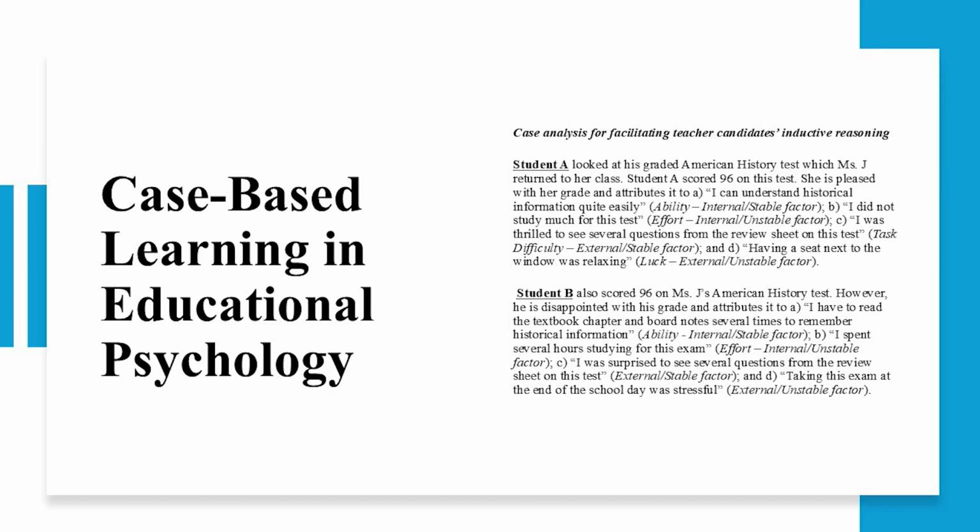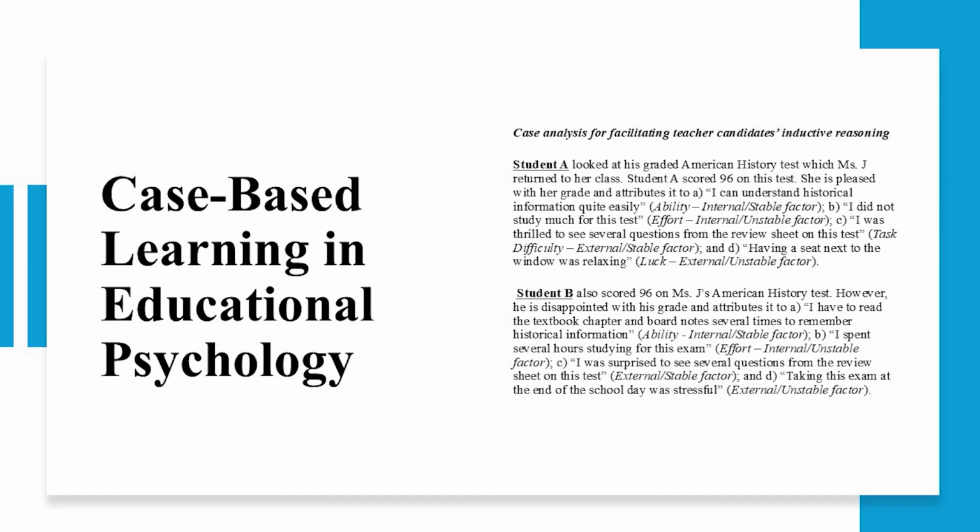Of course, they are doing A-grade work, but you can see student A believes that she understands the information very easily and did not study much for the test, and is ecstatic that the questions on the exam were the ones that she had studied for and therefore got a 96, right?